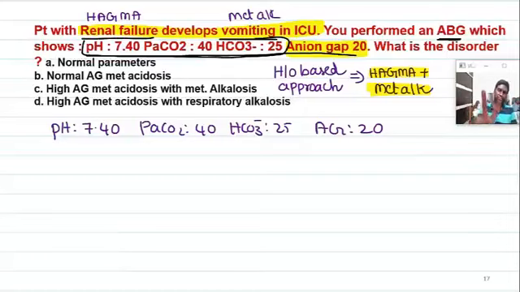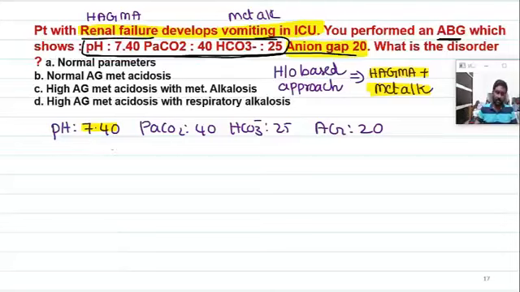Whenever there are two mutually opposite metabolic disorders, what can you expect in the pH? The pH must have normalized. There is an acidosis, there is an alkalosis. Mutually opposite disorders can cancel each other, normalizing the pH. So because there were mutually opposite disorders, that might be the reason for normalizing the pH and the parameters.